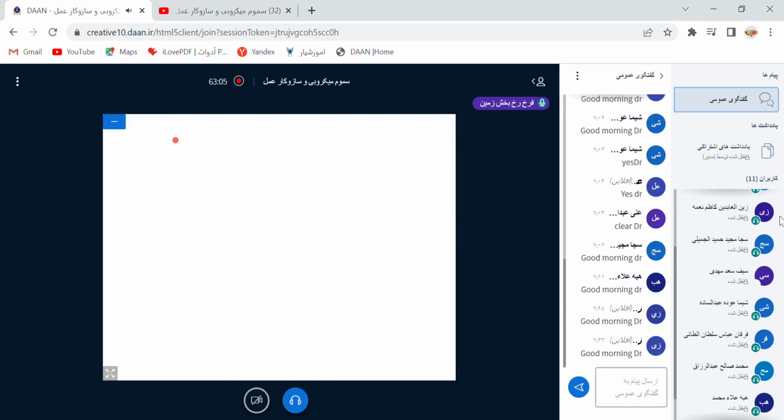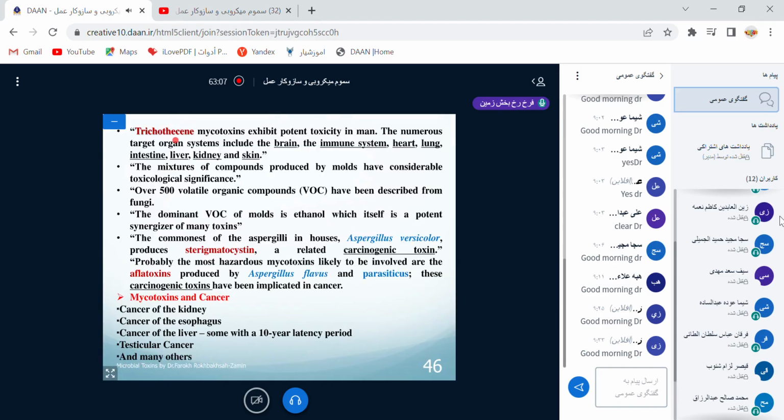But if you ask me to name one of the most important mycotoxins, it is trichothecene. What is that? It is trichothecene.